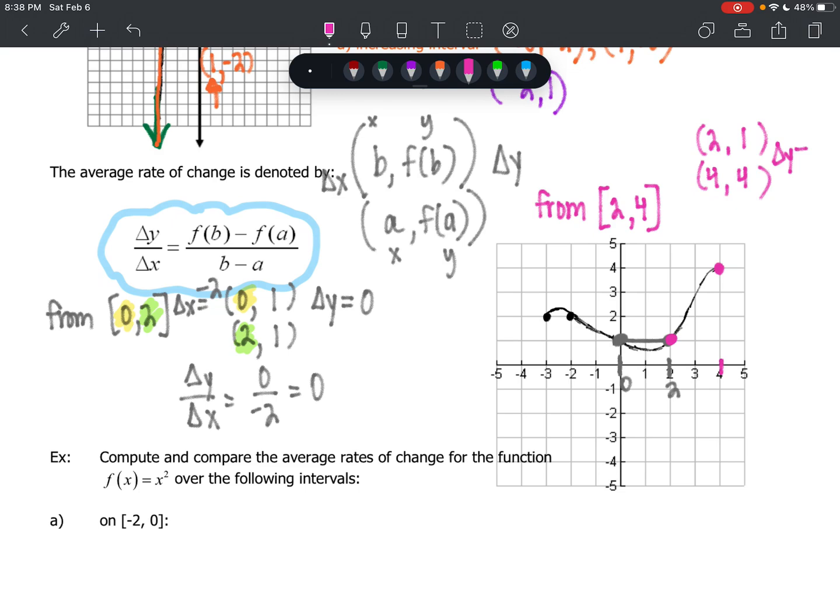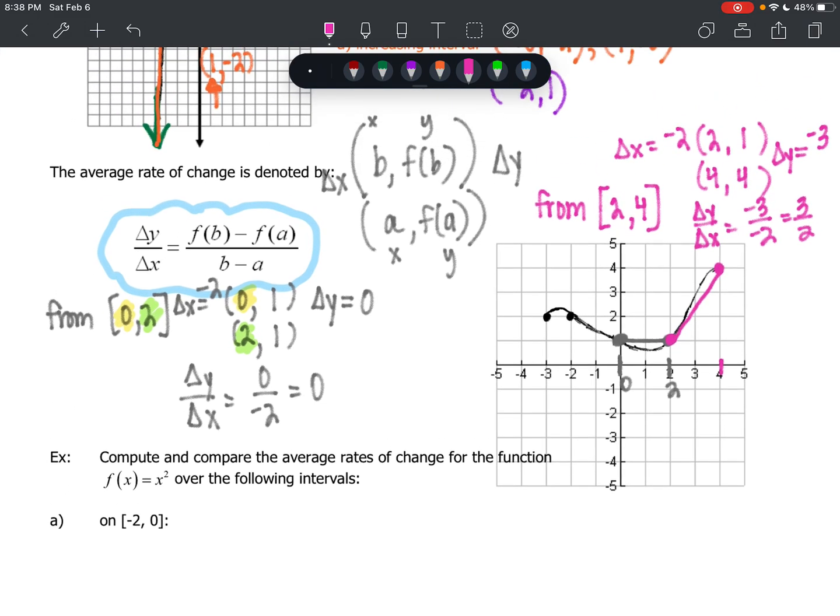So our change in y, 1 minus 4, is negative 3. And our change in x, 2 minus 4, is negative 2. So our average rate of change is negative 3 over negative 2, which is positive 3/2. So our average rate of change on that interval from 2 to 4 is positive 3/2.